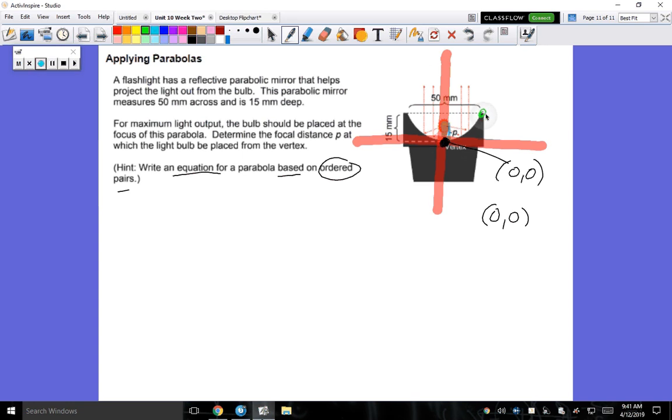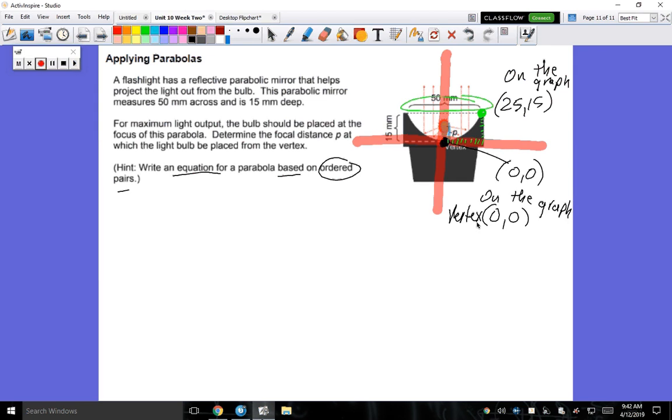We could pick this point that was given to us from these dimensions. If I were to go 25 over to the right, which was half of this 50, and then go 15 millimeters up, I could create a point that would be (25, 15). So this is on the parabola. And this one is on the graph, but it specifically is the vertex.